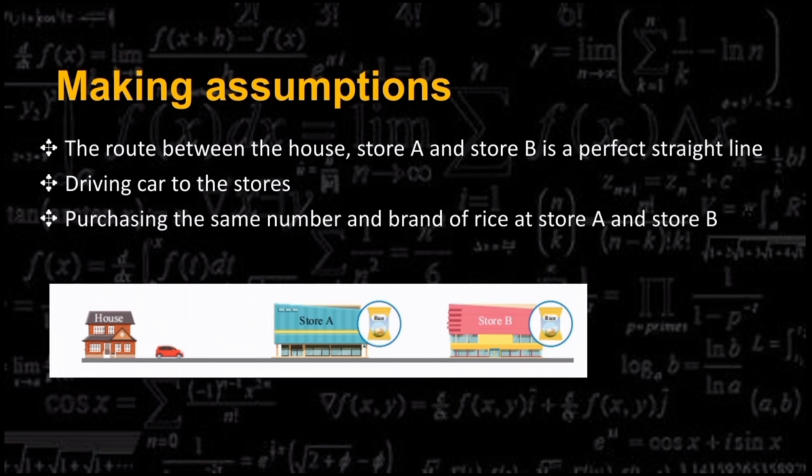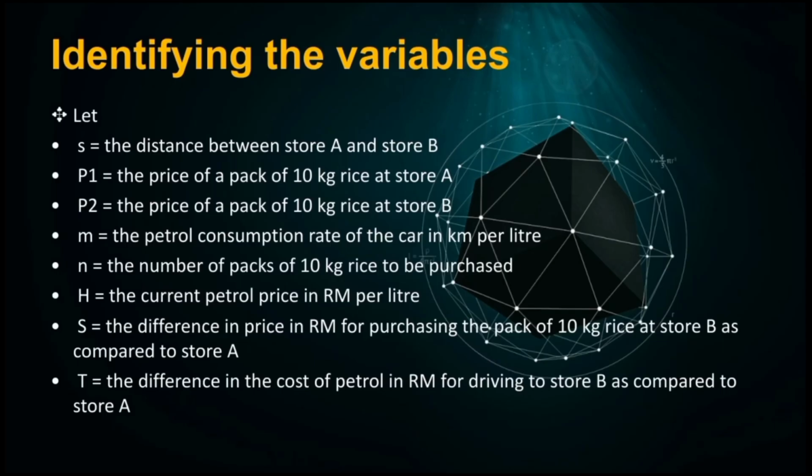Making assumptions. The route between the house, store A and store B is a perfect straight line. Driving a car to the store. Purchasing the same number and brand of rice at store A and store B. Identifying the variables.